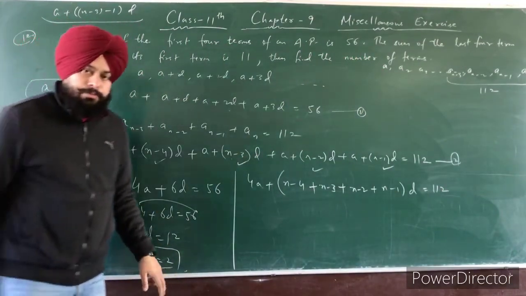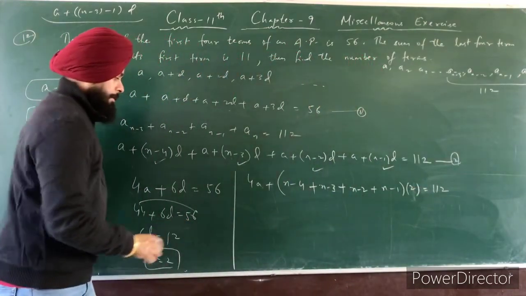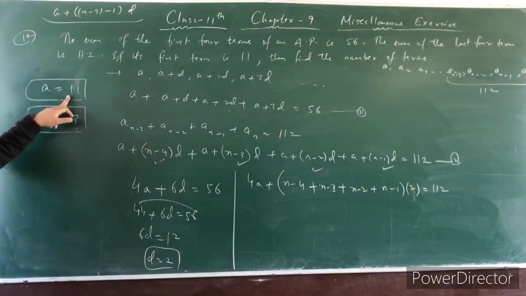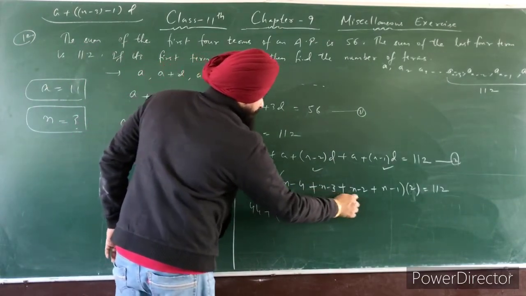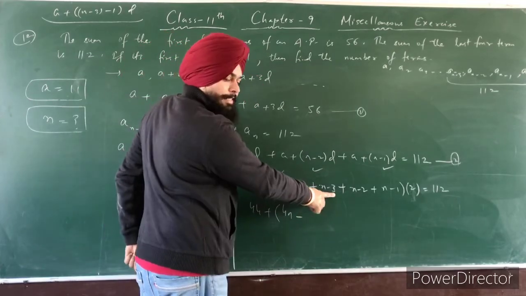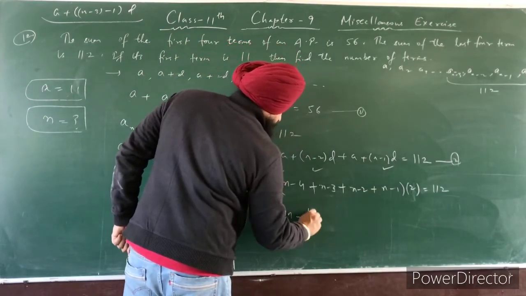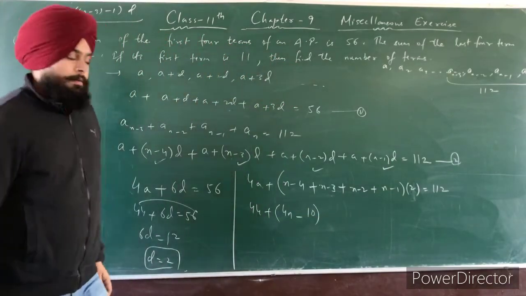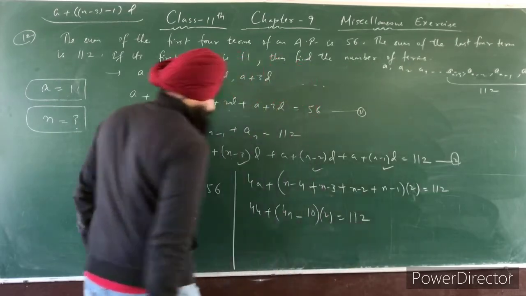It is 2. So put here 2. Now value of A is 11. 11 fours are 44. N plus N plus N plus N is 4N. Minus 4 minus 3 minus 7, minus 7 minus 2 minus 9, minus 9 minus 1 minus 10. Multiply with 2 is equal to 112.